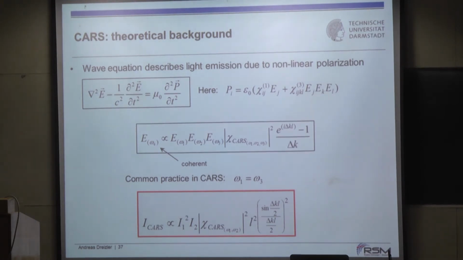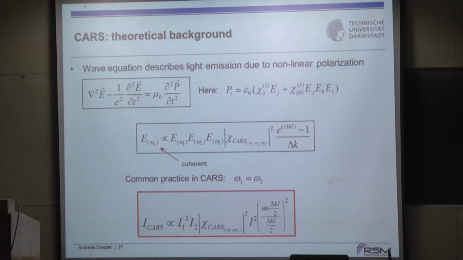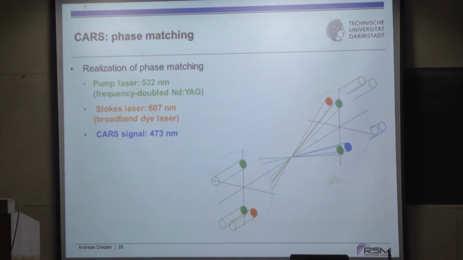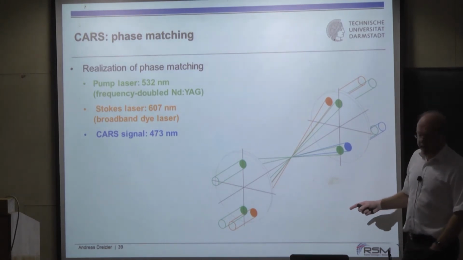But as well, you add momentum to that molecule. And that is something which makes LIF intrusive, although the amount of momentum and energy you add is very small. But you have to just be aware of that. Okay, and so that comes now to the point where people think of arrangements like that one here.